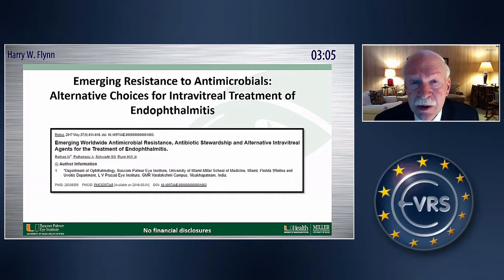I will change my final slides to summarize the problem of emerging resistance to antimicrobials and the choices for treatment of these cases. This paper was published in the last few months in the journal Retina and is available with all the tables in that publication.